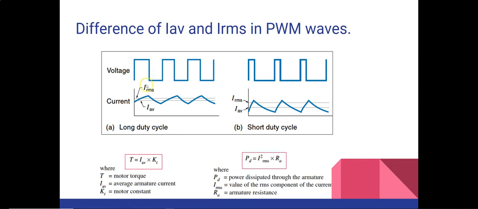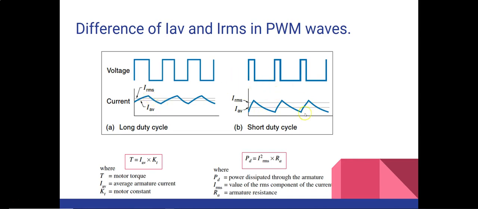When the voltage is high, the current is also increasing, but here the voltage changes instantly from higher to lower. So the current will take time to go to a lower value.